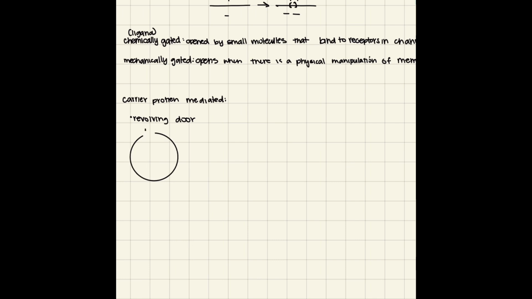So if this was the channel, and it's open to this side at first, and it loads an ion, then it would spin and release the ion into the cell like that.